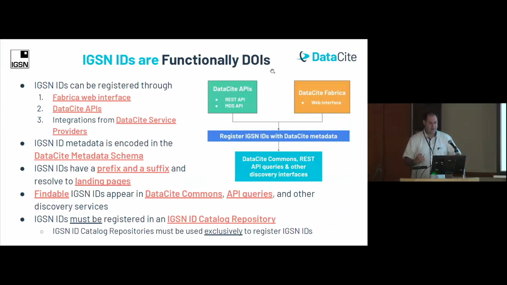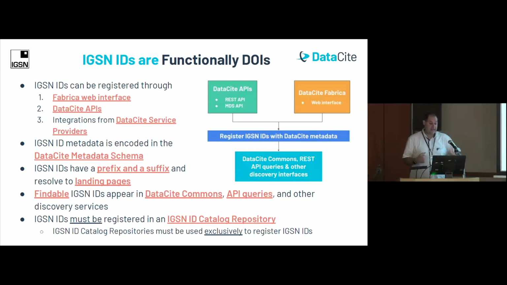The major point is that because this is now under DataCite, IGSN IDs are now functionally DOIs, digital object identifiers. That means IGSN IDs can be registered through all of the existing ways that DataCite services are available for registration. We have a web interface, we have APIs, we have what we call service providers that offer integrations with DataCite.